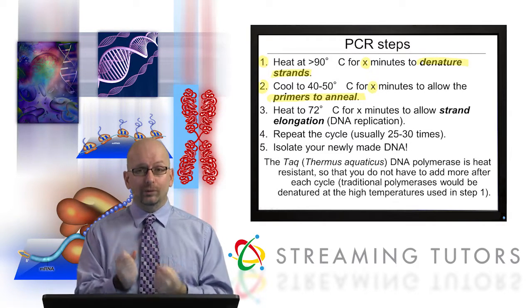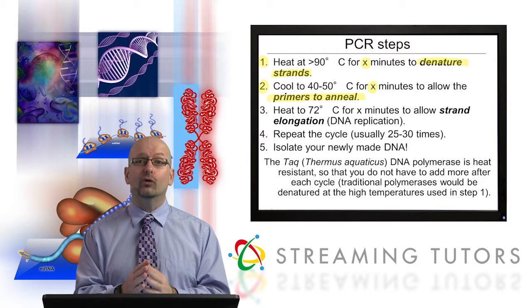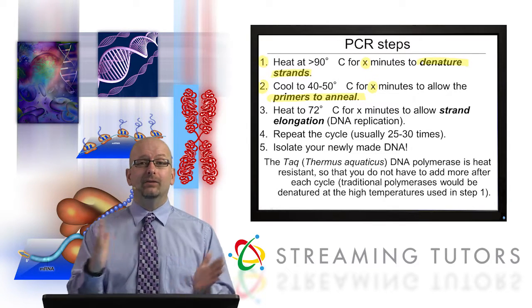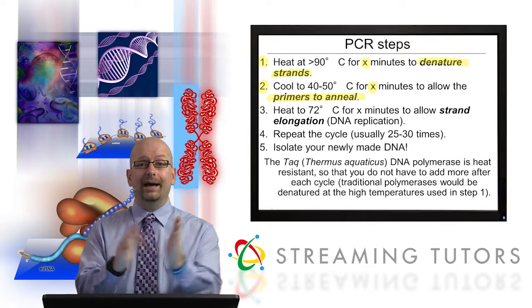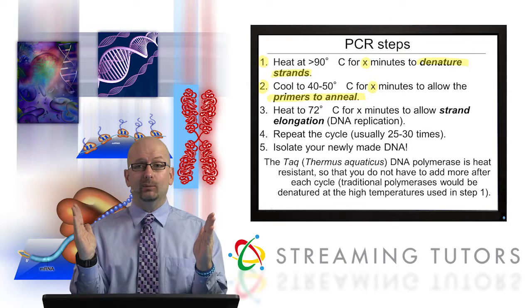So for a similar reason that we discussed before, you're going to put quite an overabundance of the primers into this mixture to make it much more likely that instead of the DNA just going back together, the primers are going to bind to the now single-stranded DNA because we separated it with the heat.